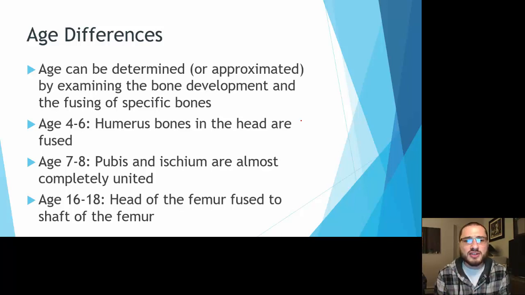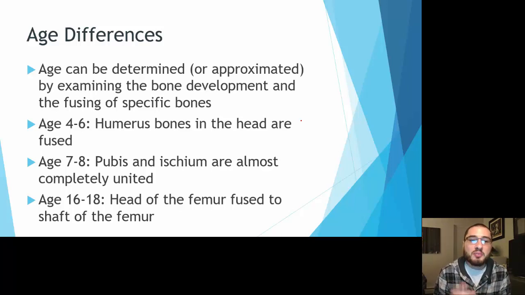So if we look at the humerus, that upper arm bone is going to be fused, and that happens between 4 and 6 years old. If we look at the pubis and the ischium, those pelvic bones, they're almost completely united between 7 and 8. So if we see that they're completely united, we know that they're older than 7 or 8 years old.